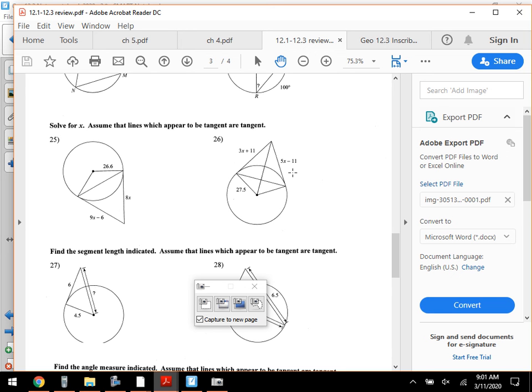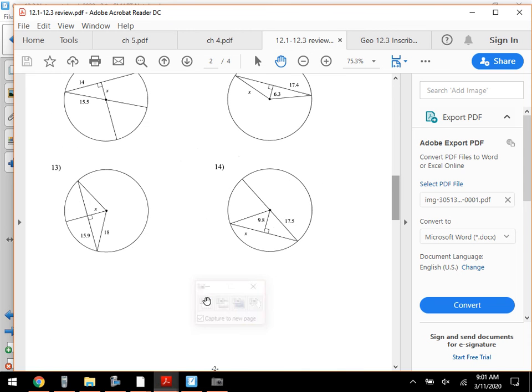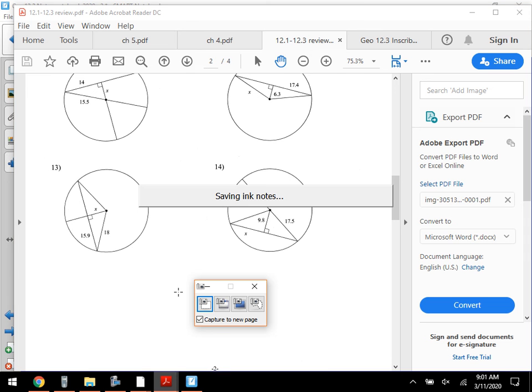If we go back then to number 13, that's your interior chord stuff. Remember the worst case scenario for something like this? I had you guys find that exterior piece where you'd have to work with the radius and then subtract it out. Those were really easy.